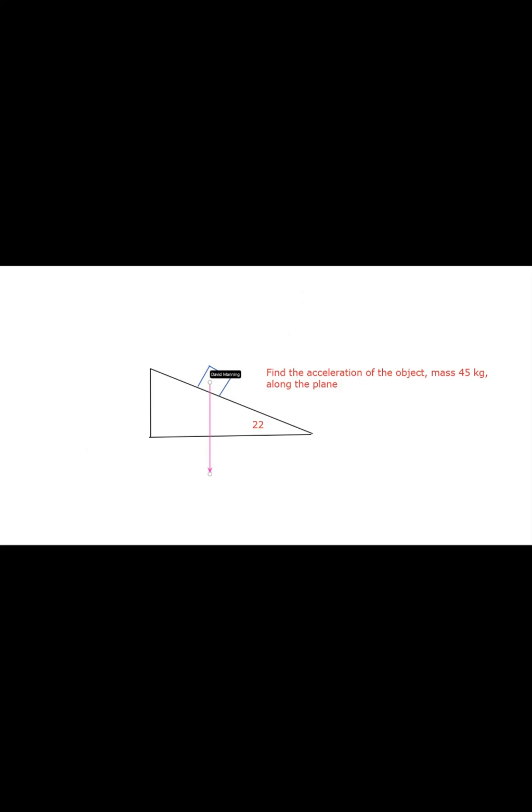We know the weight of the object is going to be 45 times 9.8. 441, I think, right? 441 newtons. That's the weight of the object. There are two components acting on it. We have the x component down the plane and the y component perpendicular to the plane. Those are the two components acting on this object.